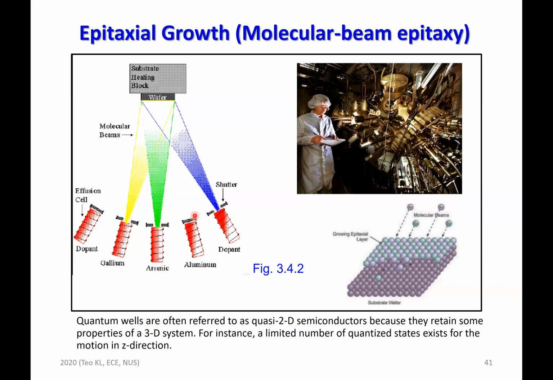Long mean-free path means that the atoms can travel ballistically in the chamber to reach the wafer without interacting with each other. So all these evaporated atoms do not interact with each other in the vacuum chamber until they reach the wafer. Therefore we call this molecular beam.